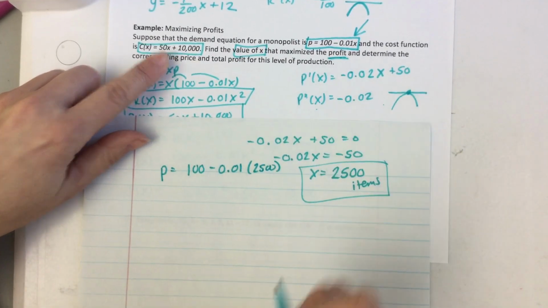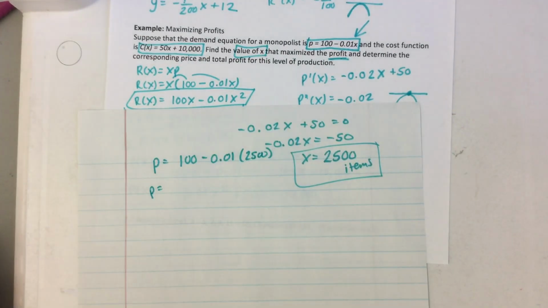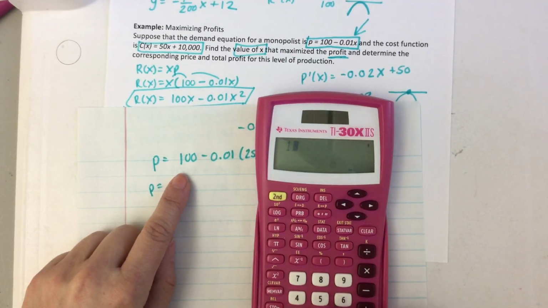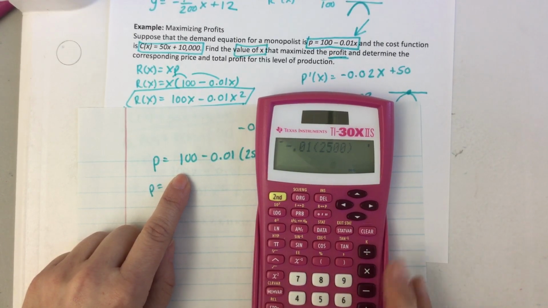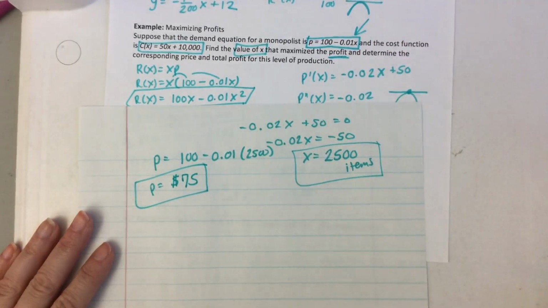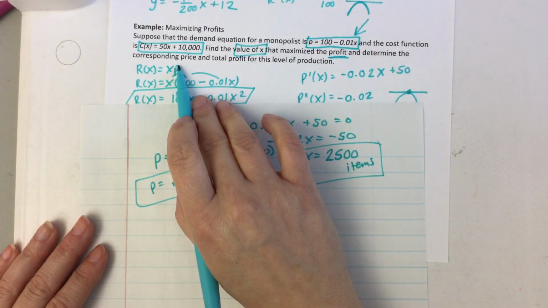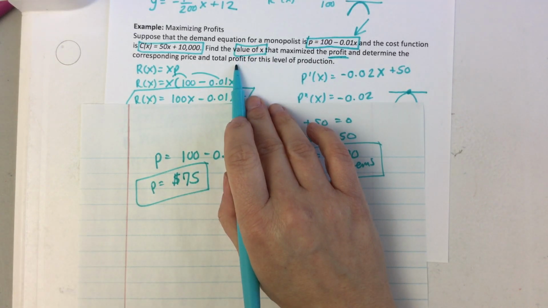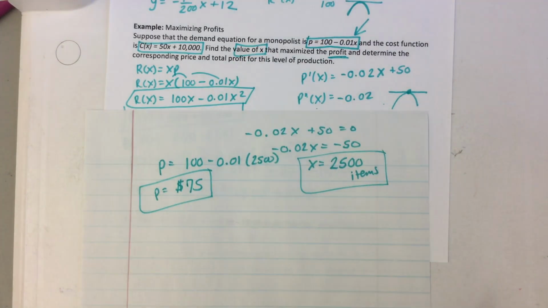X is 2,500. So 100 minus 0.01 times 2,500. The price should be $75.